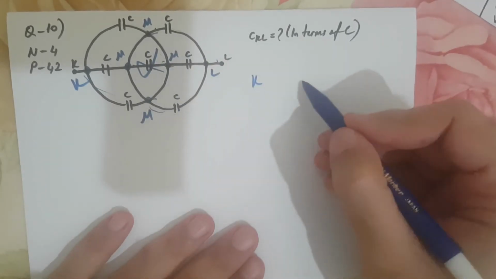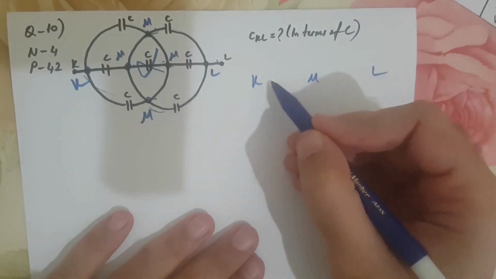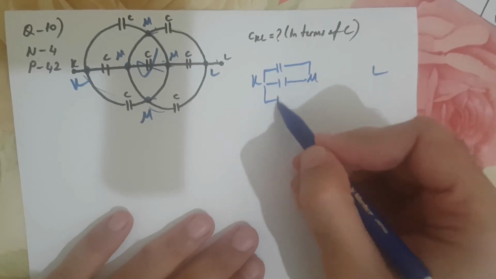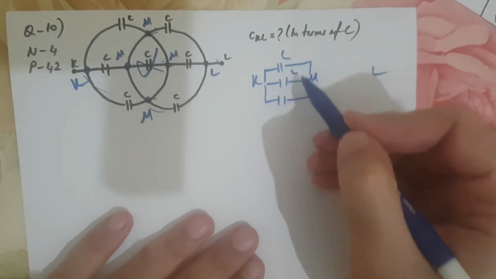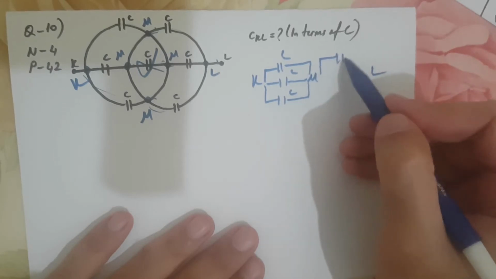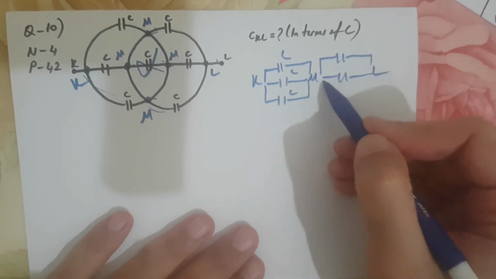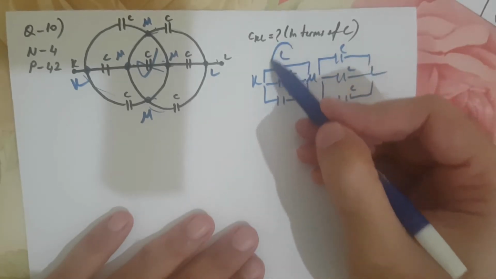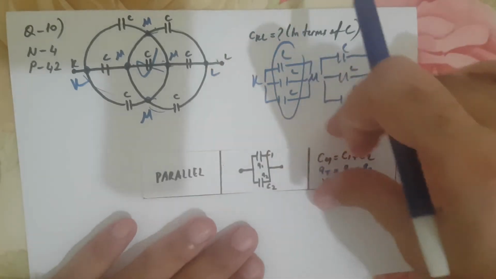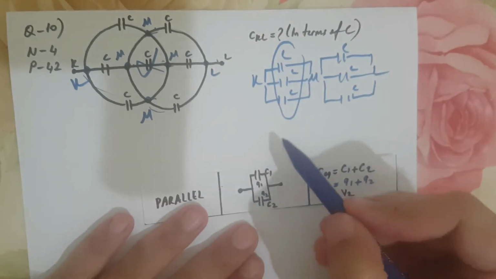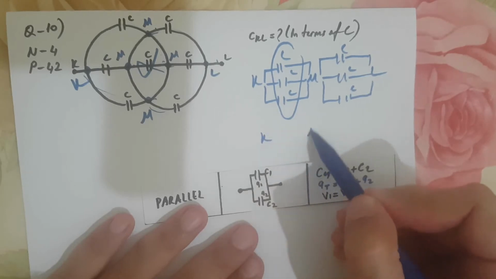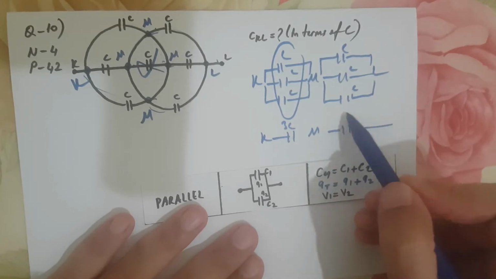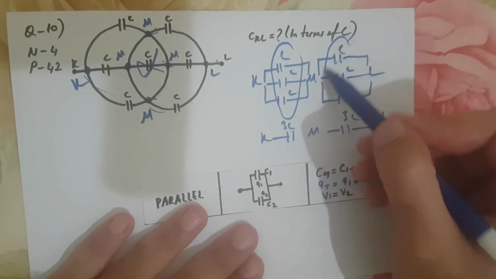So when you draw that, between KM there are 3 capacitors connected in parallel, and between ML also 3 capacitors connected in parallel. So what happens if they are parallel? We are adding. So KM becomes 3C, and another one becomes 3C.